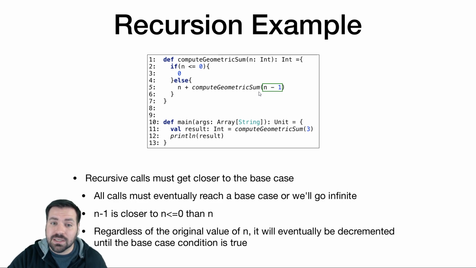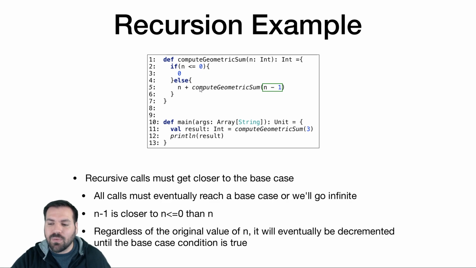If this computes the sum of 0 to n minus 1, well, if I have the sum of all the values 0 to n minus 1, and my task is to compute the sum of values from 0 to n, well, I'm just going to add n to that, and then I'm done.